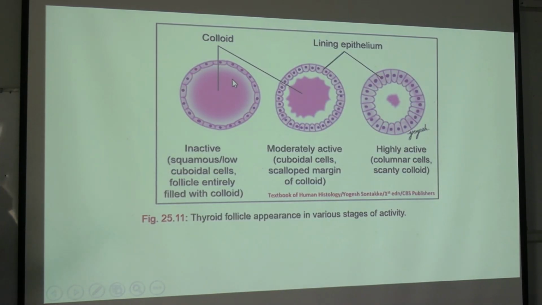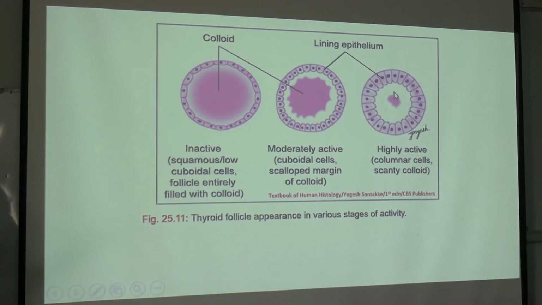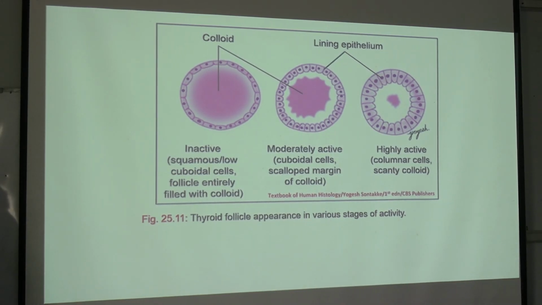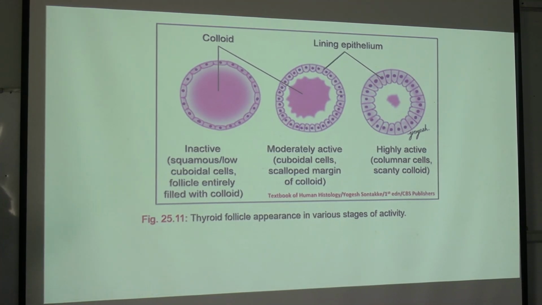If you see the colloid looking like this, it is in an inactive phase. If you see the colloid empty, it is super active, very active, producing the hormones. If it is partially filled, it is half working, half not working. So we can assume the status of the follicles, whether active or resting. In pubertal time, this is usually empty because it is producing a lot of hormones.